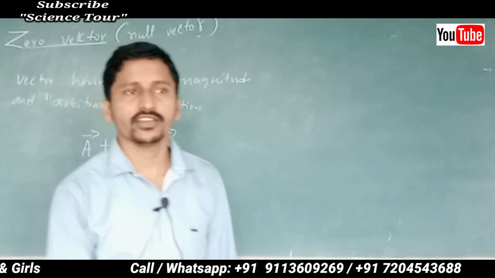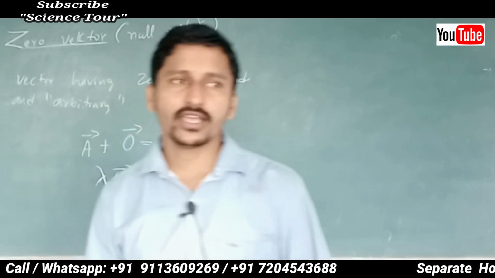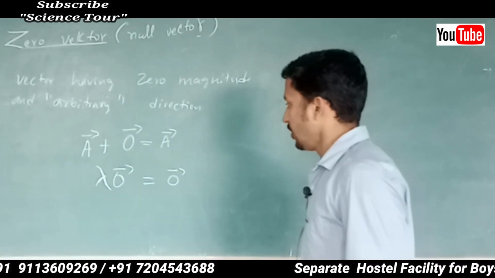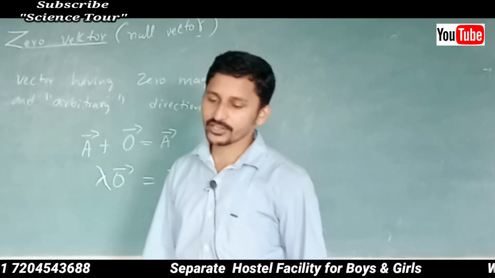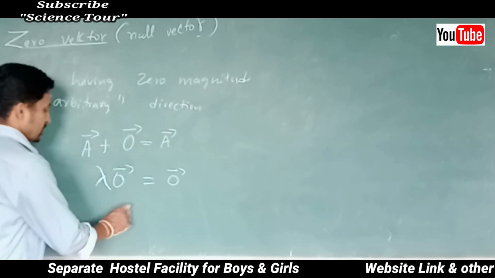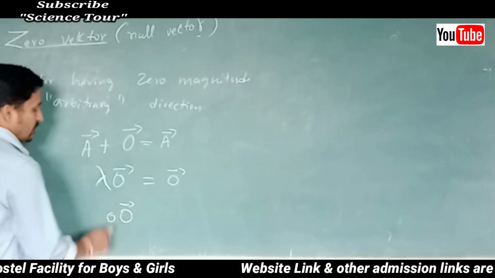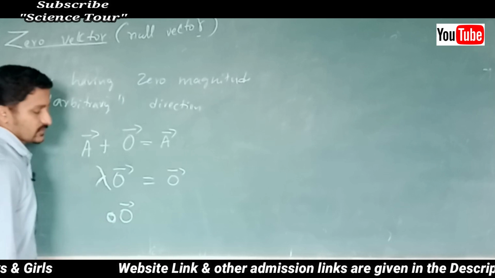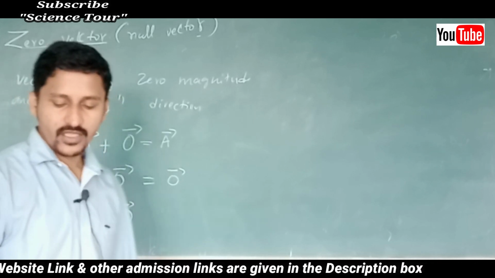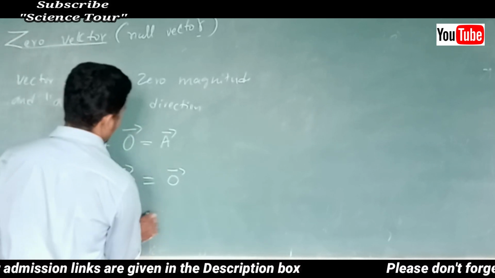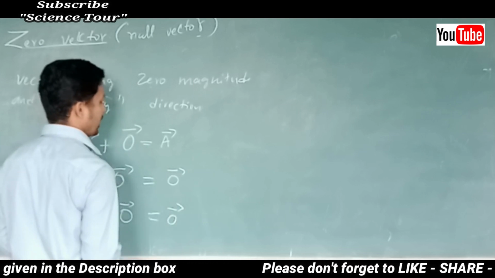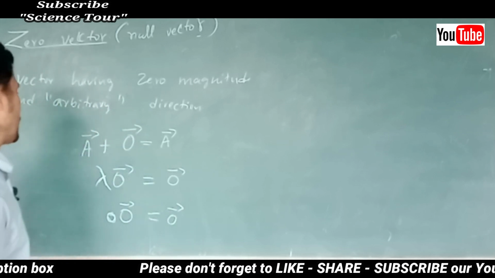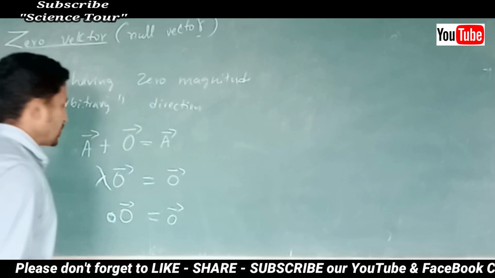You get nothing, since multiplication doesn't work with zero. So you get the zero vector. Then if the zero vector is multiplied with 0, you again get the zero vector or null vector. These are the three properties of the null vector.